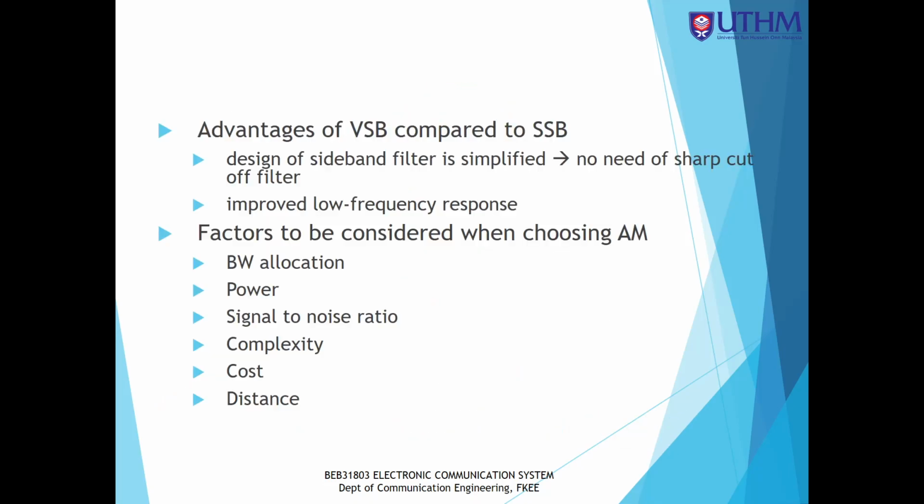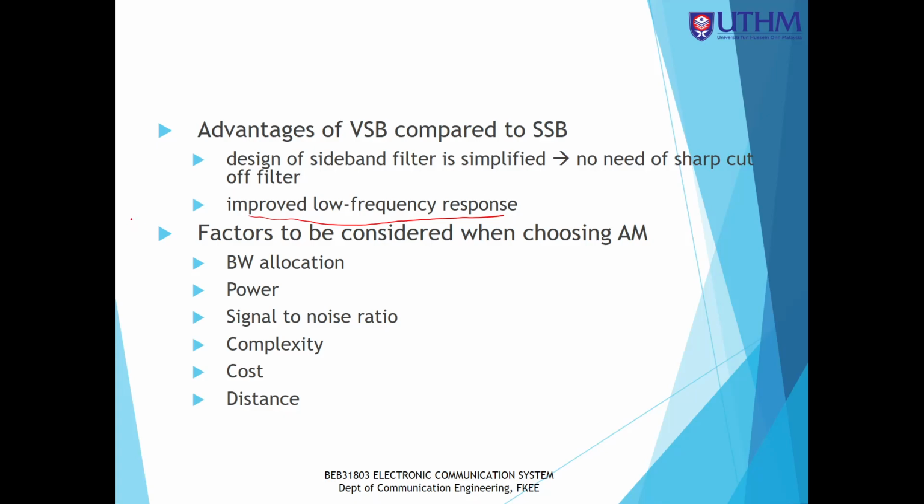The advantage of the vestigial sideband compared to the single sideband is that the design of the sideband filter is more simplified. There is no need for a sharp cutoff for the filter, and it also improves the low frequency response compared to the single sideband.